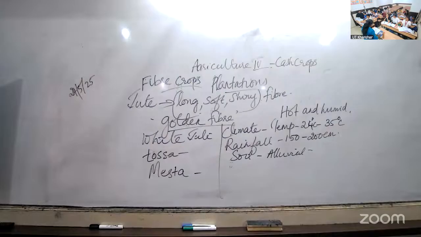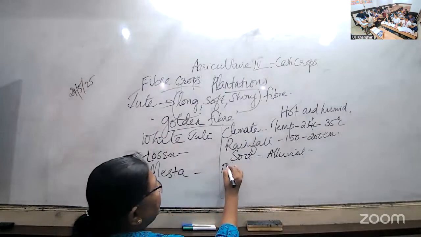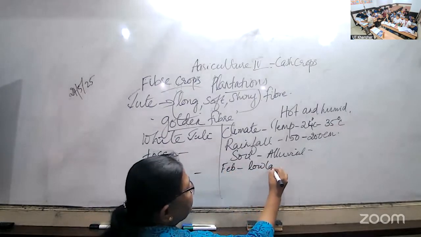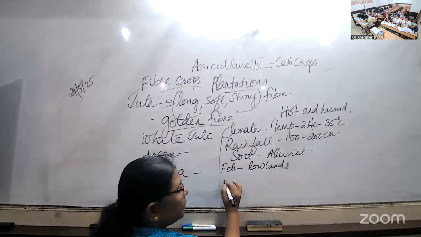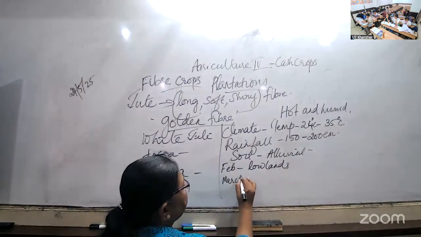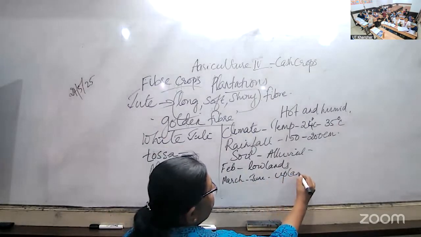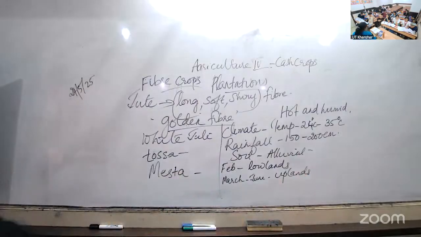Next, what is the method of cultivation? The seeds are sown on lowlands and uplands, so two seasons are there. February to March is for lowlands, and March to June is for uplands. Sowing is done by drilling.